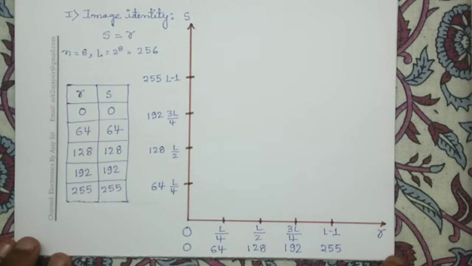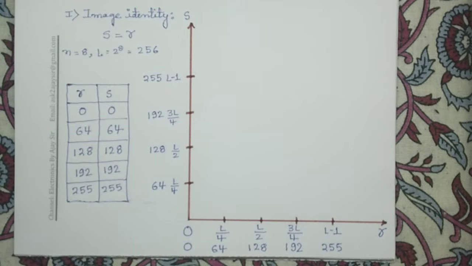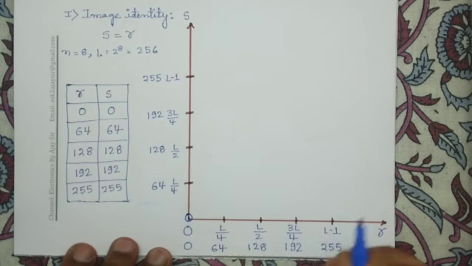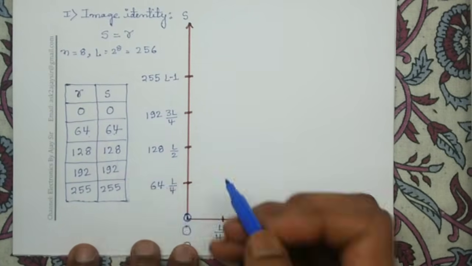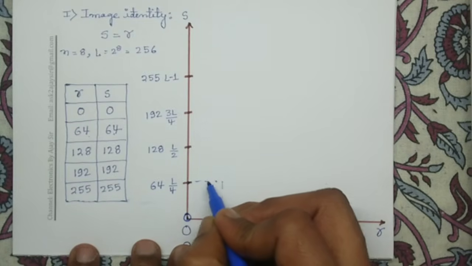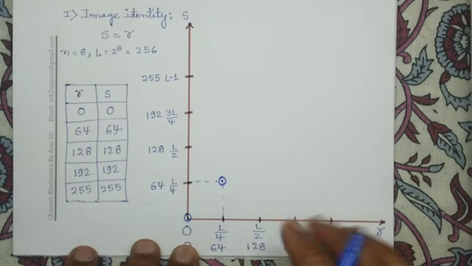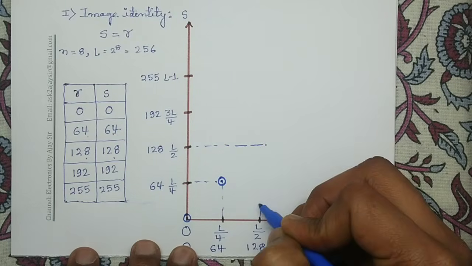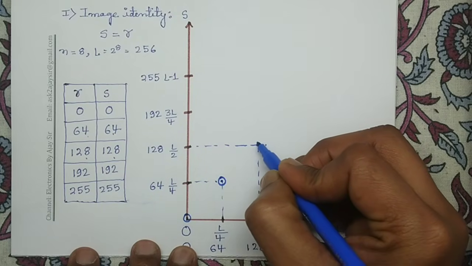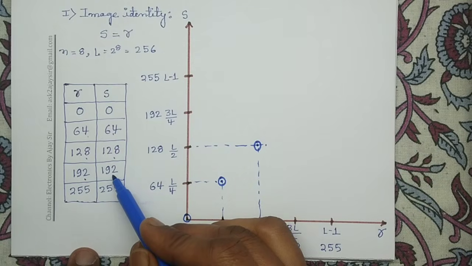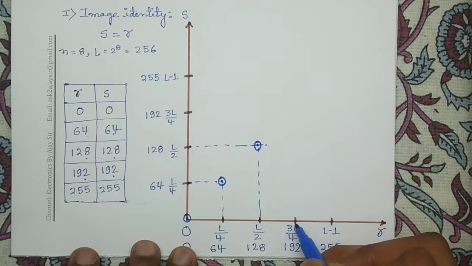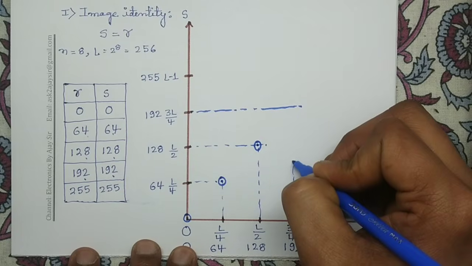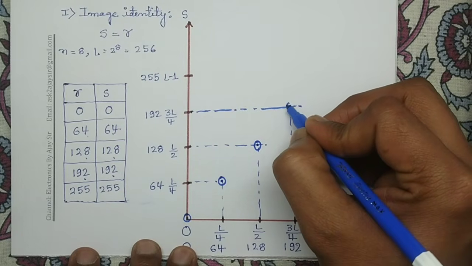Now we will plot this transformation curve. When R equals to 0, S equals to 0, representing this point. When R equals to 64, S equals to 64, representing this point. Similarly, when R equals to 128, S equals to 128, representing this point. Similarly, when R equals to 192, S equals to 192, representing this point.